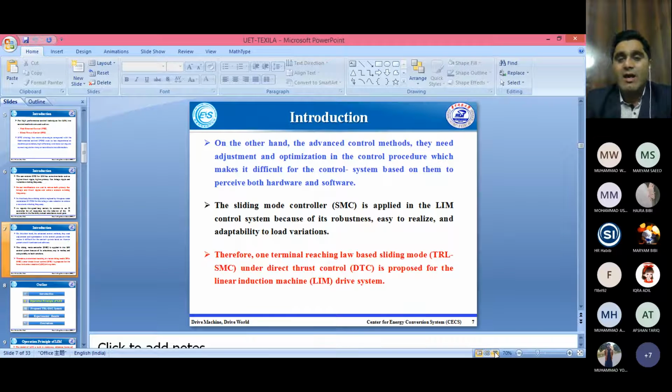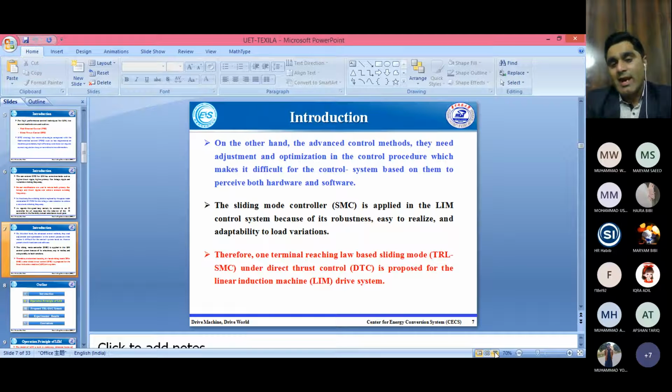So we need high computational power, and it is very difficult. So slide mode control is applied in the linear induction machine control system because of its robustness, ease of realization, and ability to handle load variation. That's why today we will talk about slide mode control for the LIM.